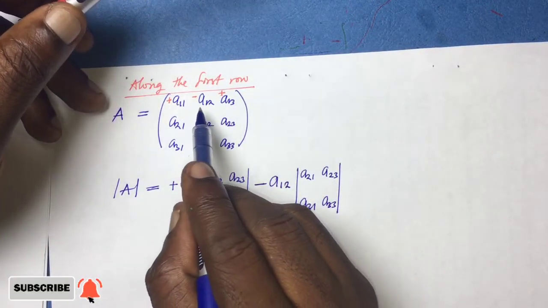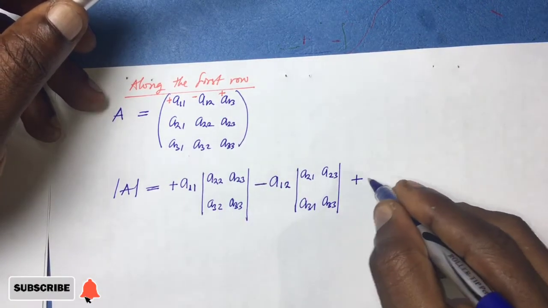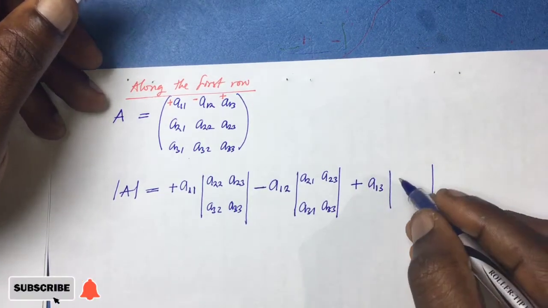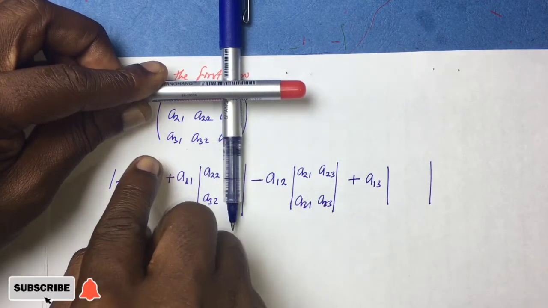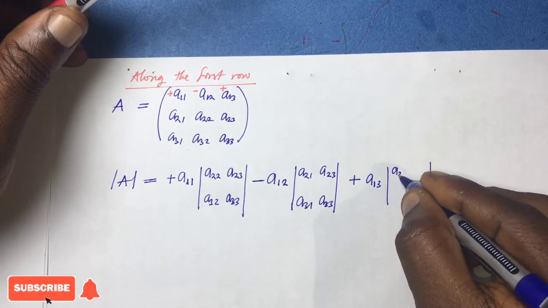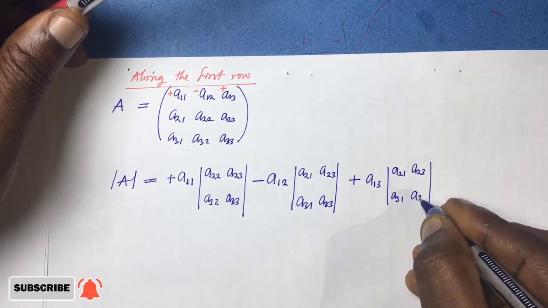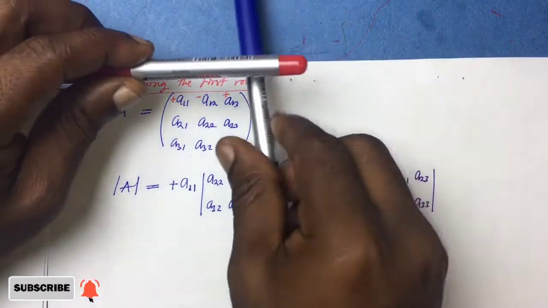Then come over to the last element. Remember, we are taking the determinant of this matrix along the first row. So this will be plus. So this will now be plus A13. Then bring its corresponding minor. The minor corresponding to A13 is A21, A22, A31, A32 in determinant. Let's see again.